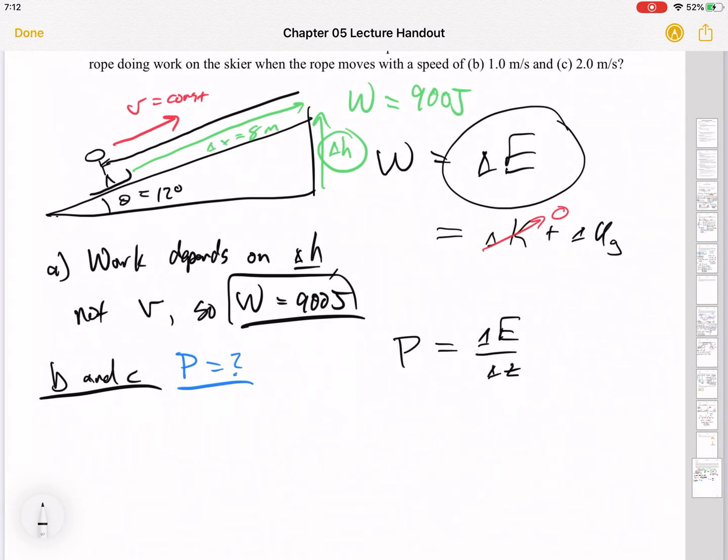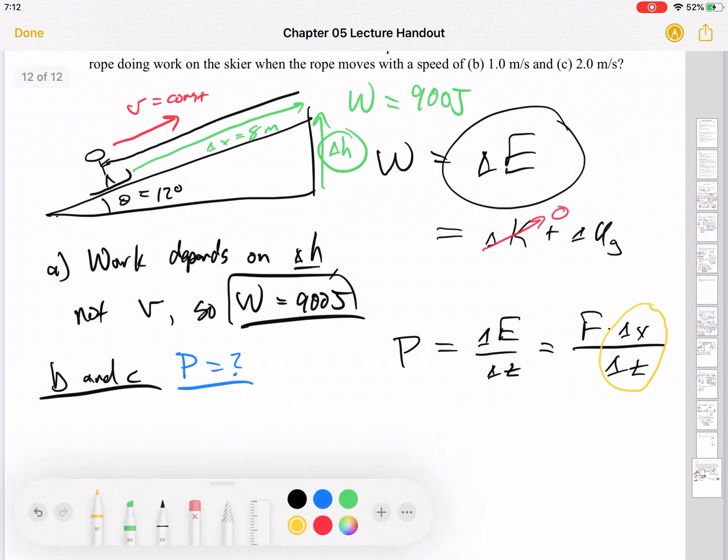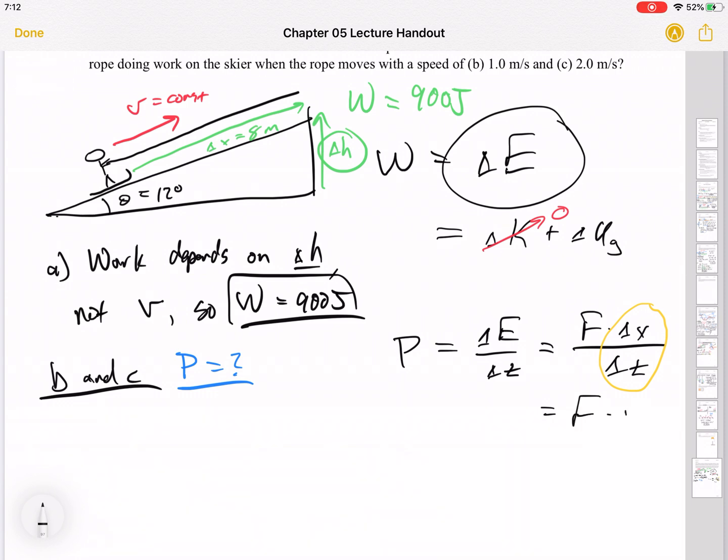What we could do is say the delta E here really is work. It's force over some distance over a time. But do you notice that delta X over delta T is a V? So I could write this as force times velocity. That is a useful equation for us to have.